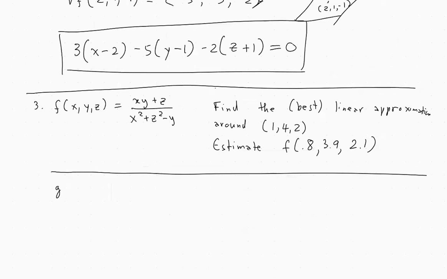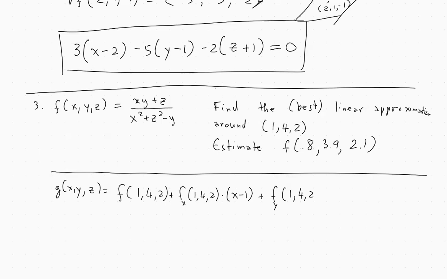The linear approximation is simply f(1, 4, 2) plus f sub x at (1, 4, 2) times x minus 1, plus f sub y at (1, 4, 2) times y minus 4, plus f sub z at (1, 4, 2) times z minus 2.